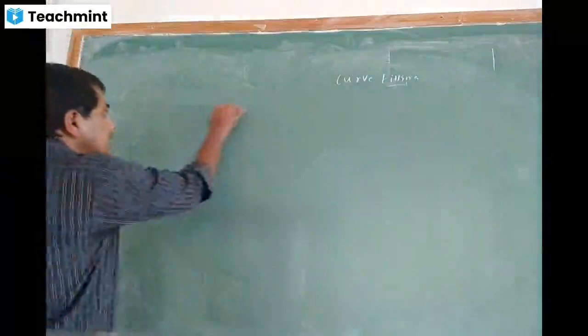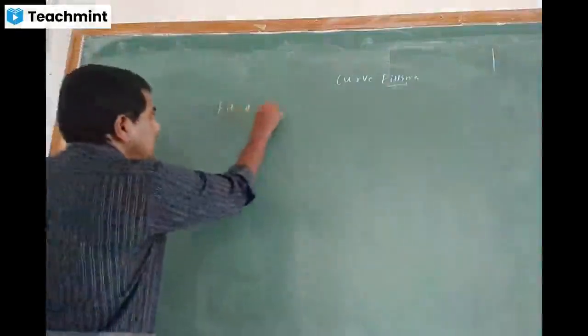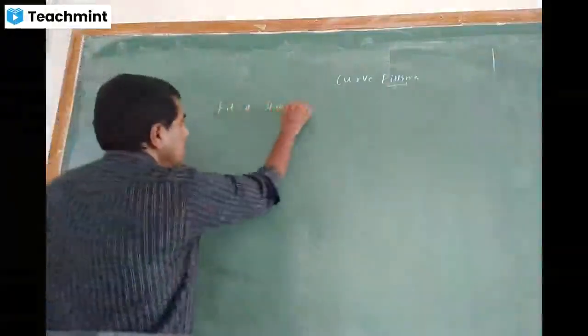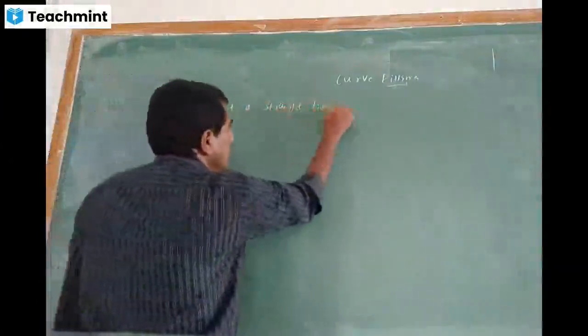Okay, one more I take. You try to solve it now and submit, okay? Please see the straight line given. The equation is y equal to a plus bx for the given data.